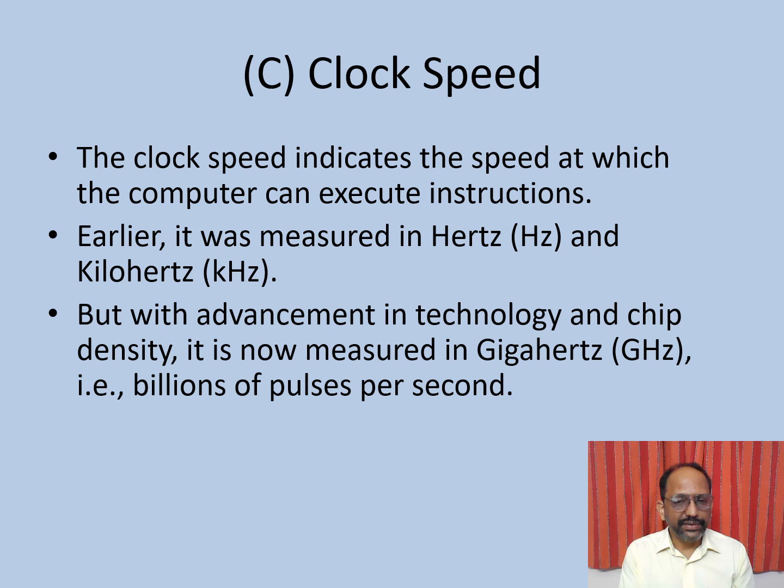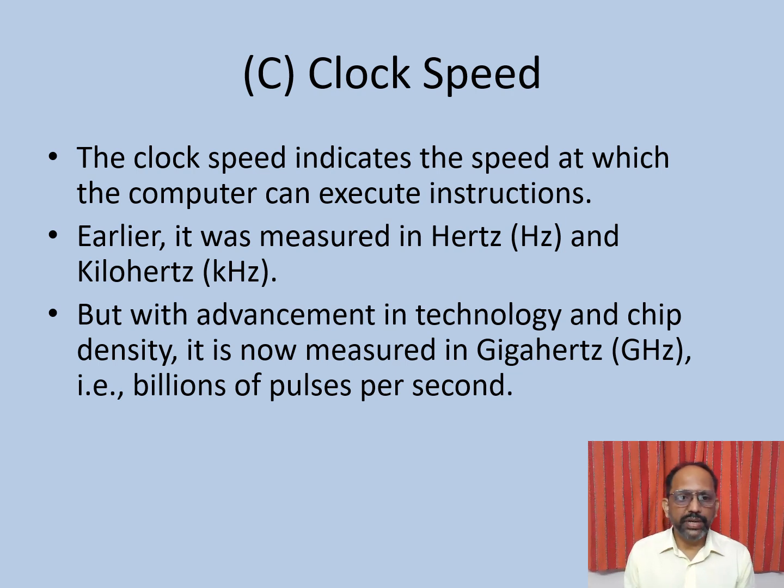In olden days, in the first generation computers, the speed of a microprocessor was just hertz and kilohertz. With the advancement of technology and microchip density, meaning more transistors are present in the microchip, it is now measured in gigahertz.